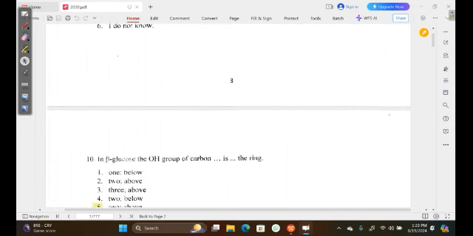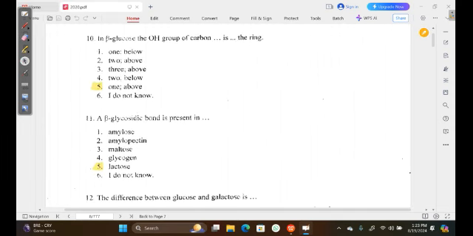Question 10 reads, in the beta glucose, the OH group of carbon dash is dash the ring. Okay, so we're talking about beta glucose.